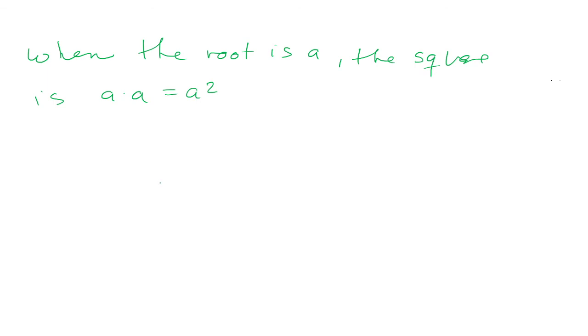And if the root is, say, 2 multiplied by a, well, in that case, the square is 4 multiplied by a squared, which is equal to 4a squared. Which shows that by doubling the root, the square becomes 4 times greater.